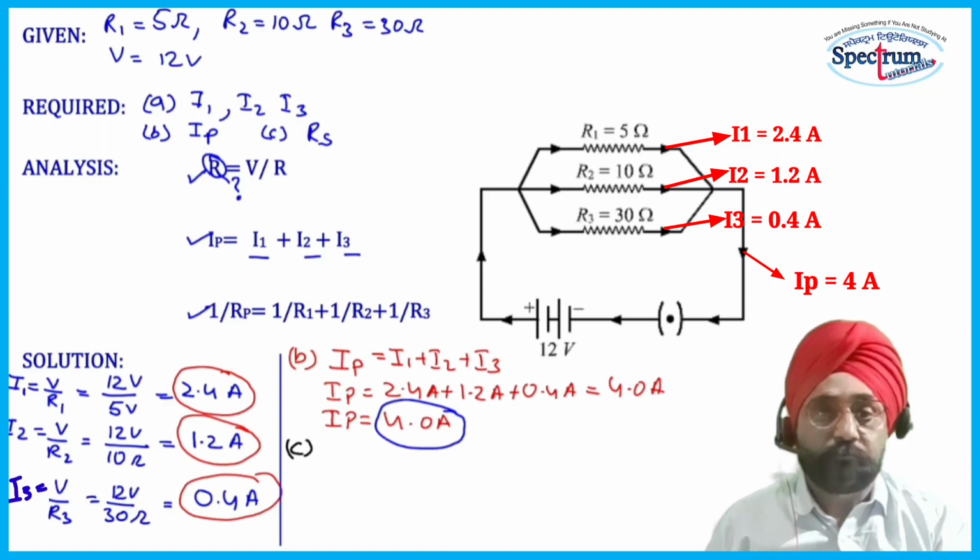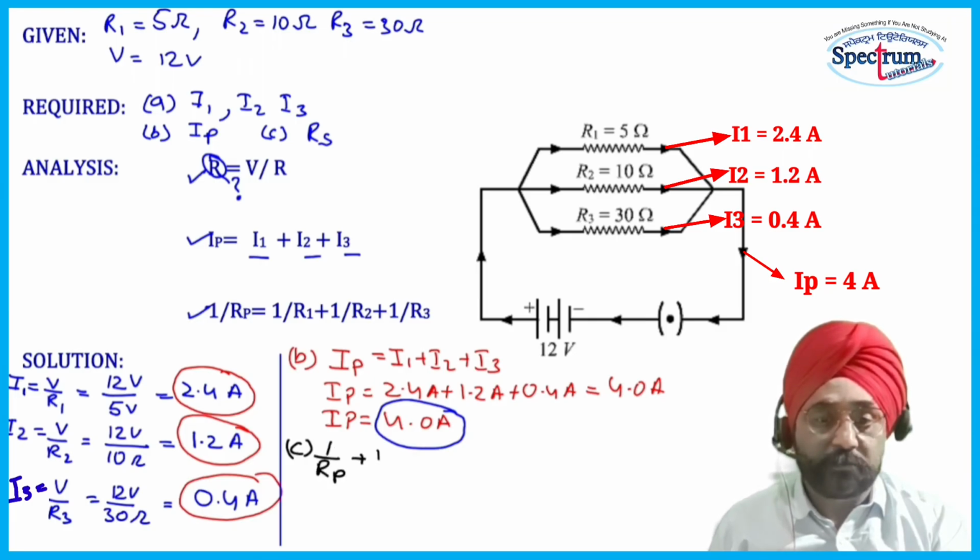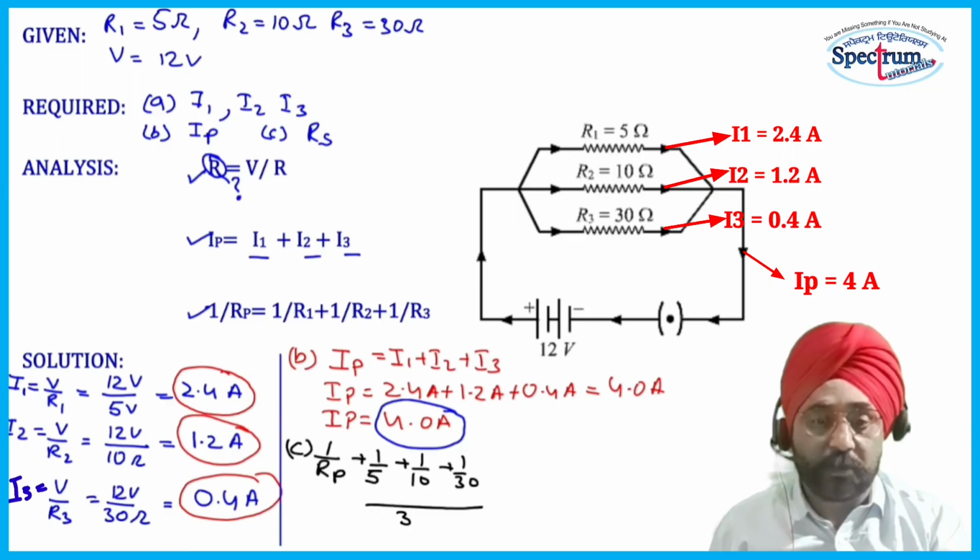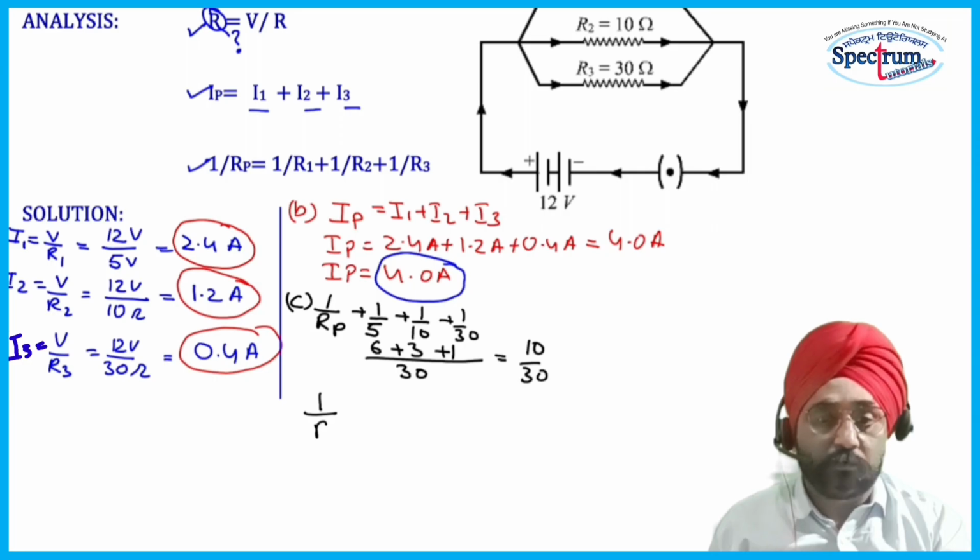C part, equivalent resistance. 1 over Rp is equal to 1 over 5 plus 1 over 10 plus 1 over 30. We will take the LCM. LCM comes out to be 30, so 6 plus 3 plus 1 over 30 is 10 over 30. 1 over Rp is equal to 10 over 30, the zeros cancel, 1 by 3.